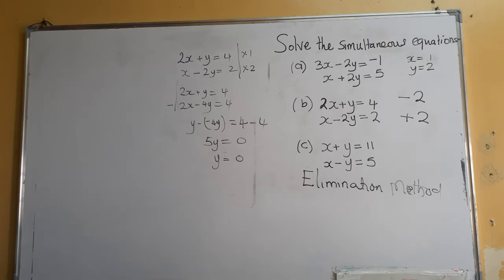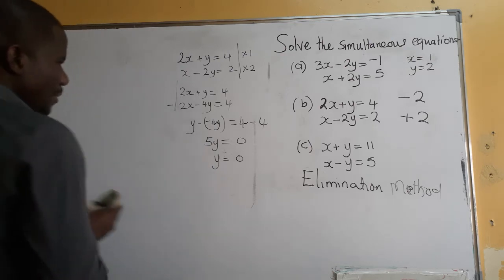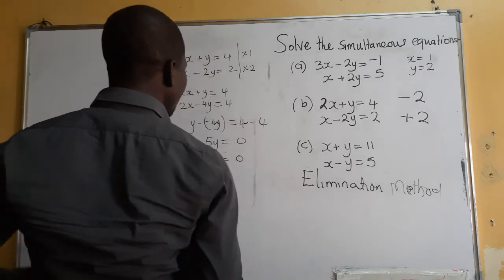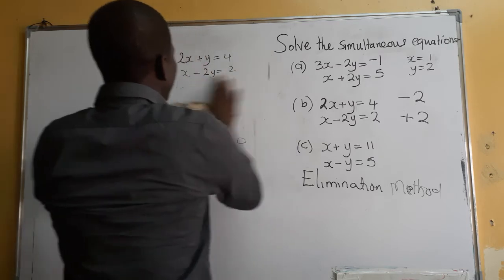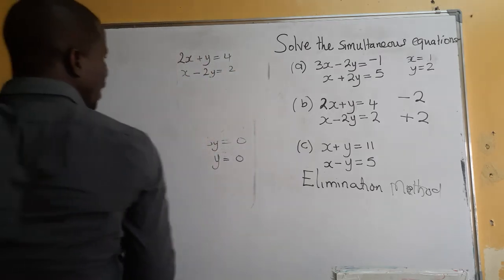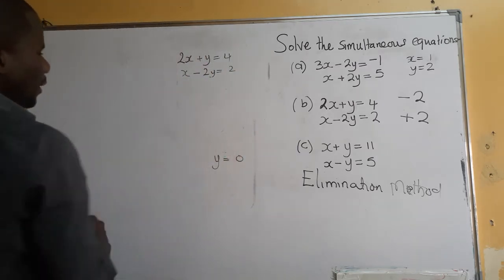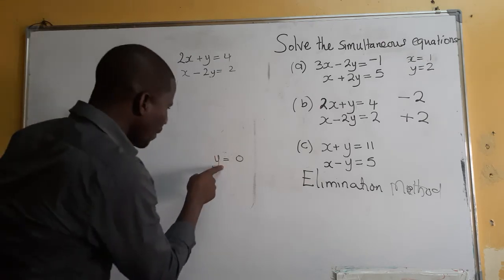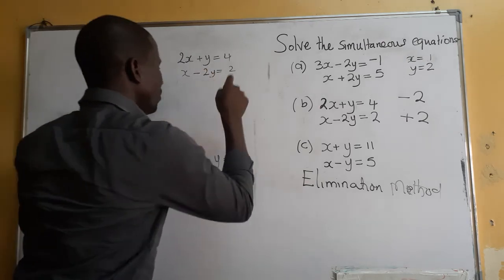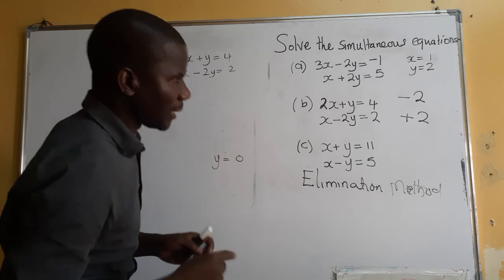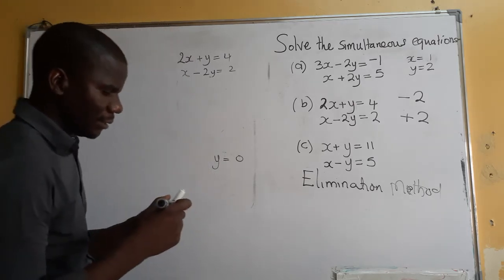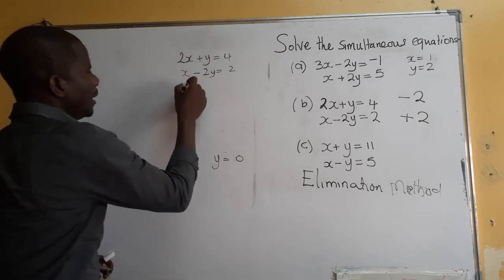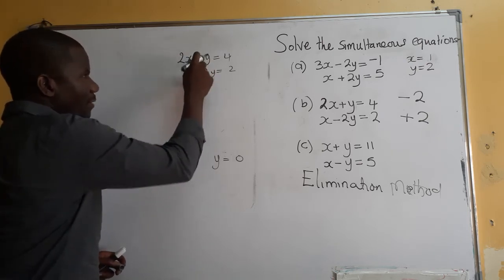Okay. Then, if this is what we are going to get, we need to go back now to these equations here. If y is equal to 0, what is the value of x? You can pick either of these two equations.